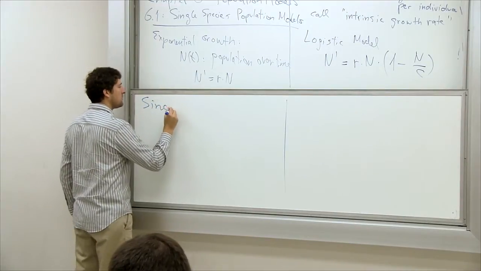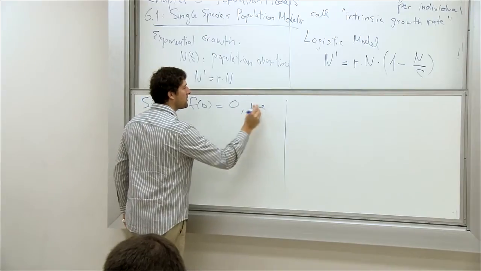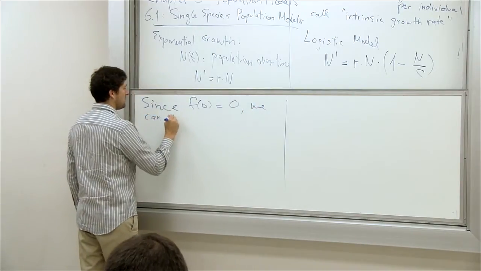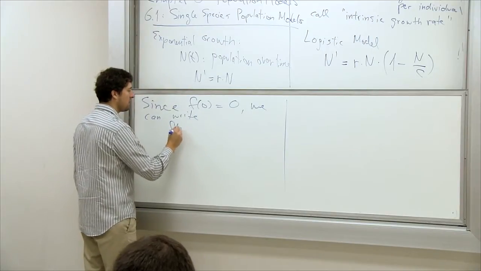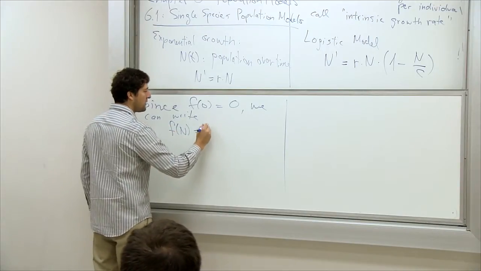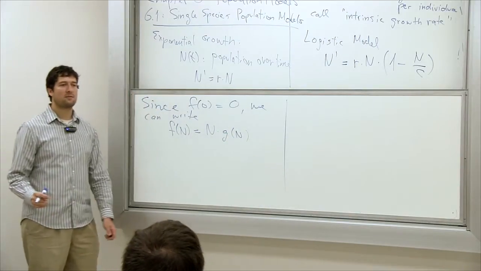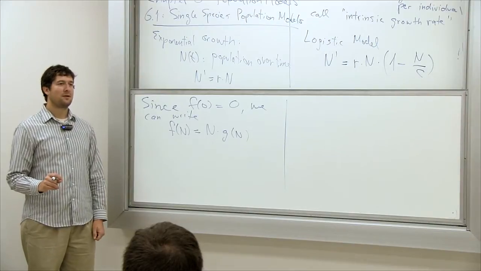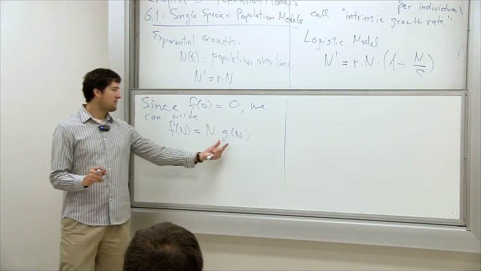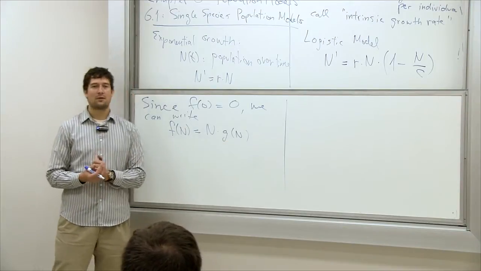Since f of 0 is equal to 0, we can write, and you tell me what you think about this trick, f of n is equal to n times g of n. What do you think about that trick? Basically, we're essentially factoring out an n out of this function f to create another function g. What do you think of that?